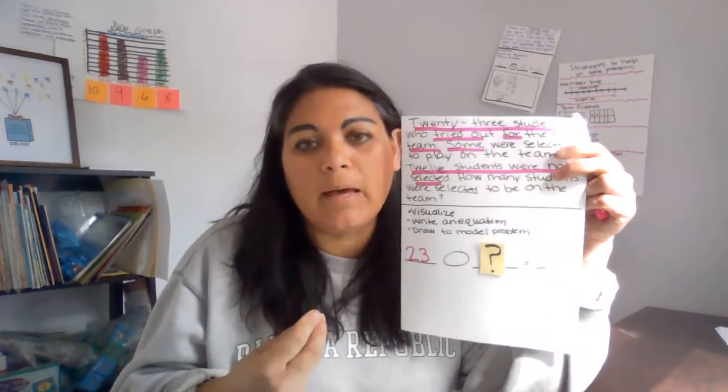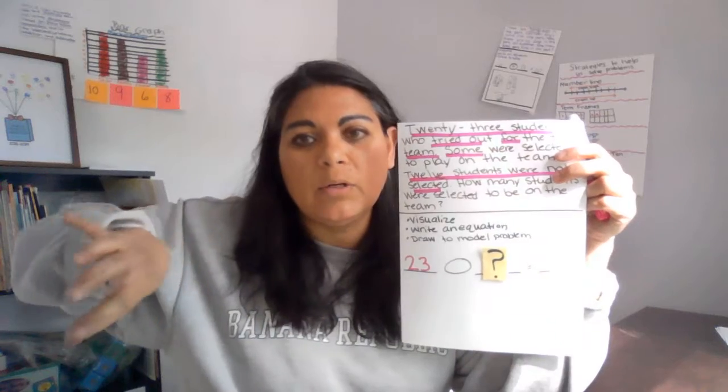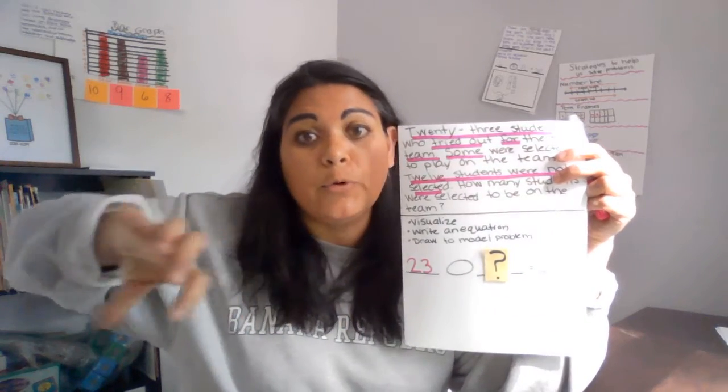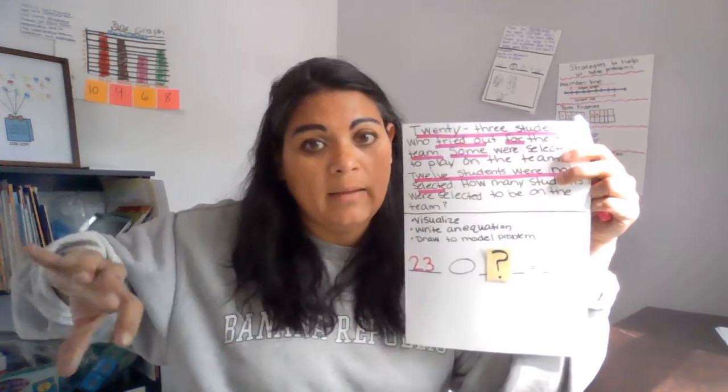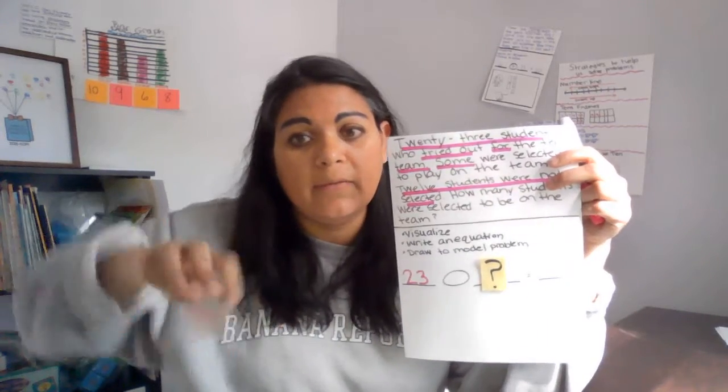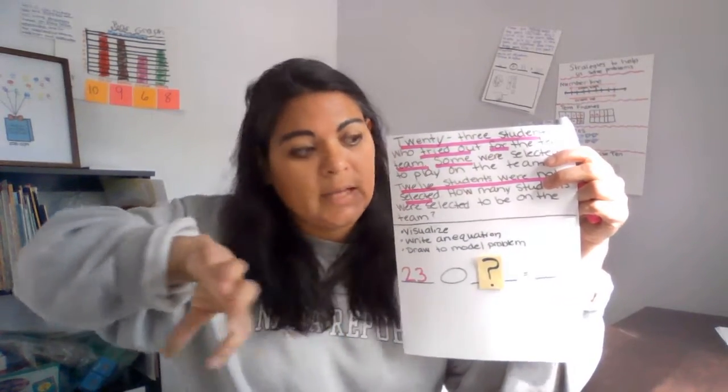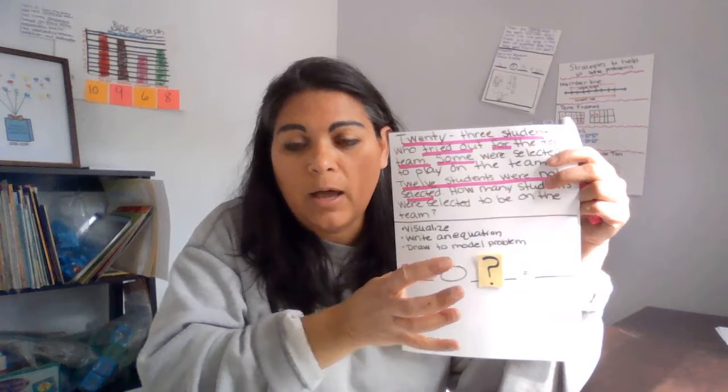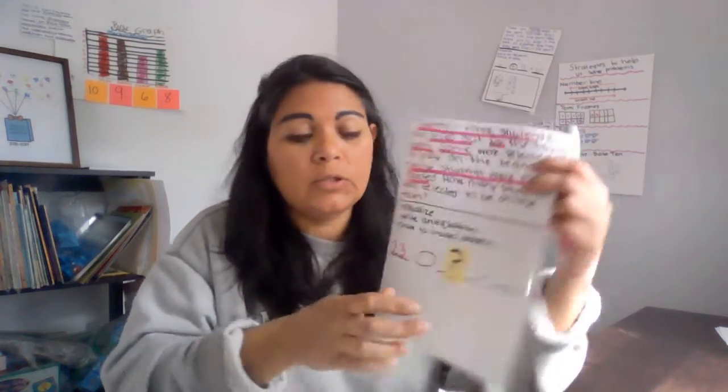Then we need to decide, are we going to be adding or subtracting? When you saw that total amount of students and then some were selected, a group was taken away. Now the groups are being divided into two. Some were selected, some were not. So we are going to subtract.